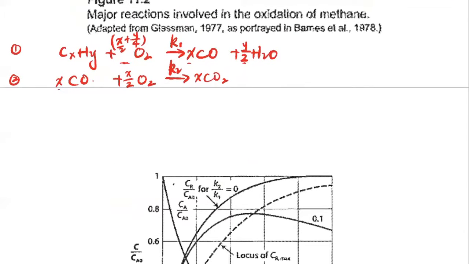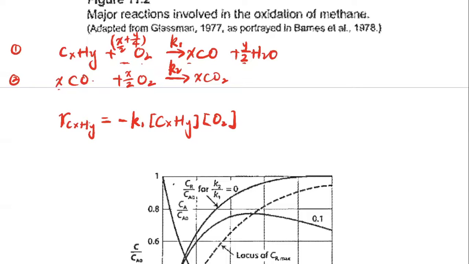For example, if we're interested in the reaction rate of the hydrocarbon, then the reaction rate of CXHY is going to be equal to minus K1 multiplied by the concentration of CXHY, and then the oxygen. Because the reaction rate depends on the rate constant, the concentration of the hydrocarbon, and also the concentration of the oxygen.